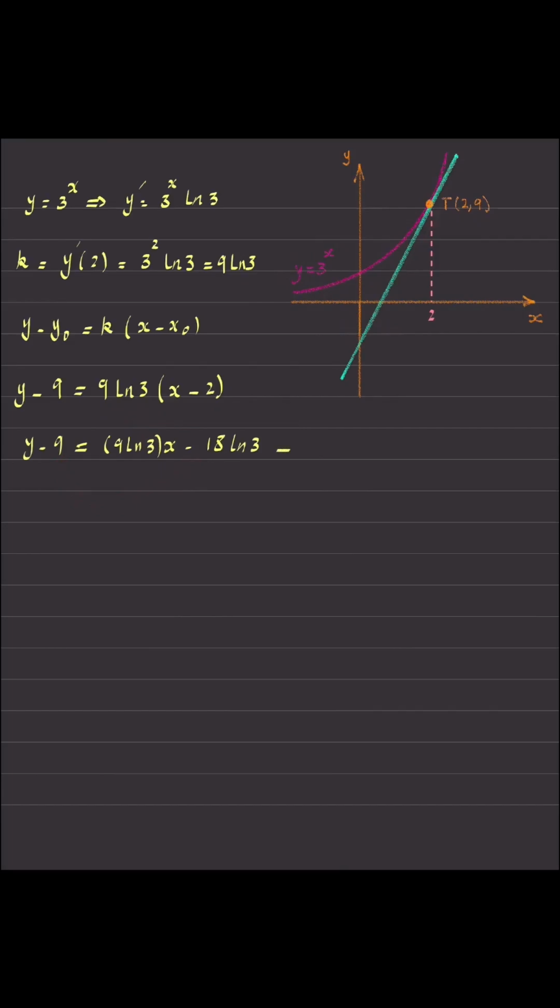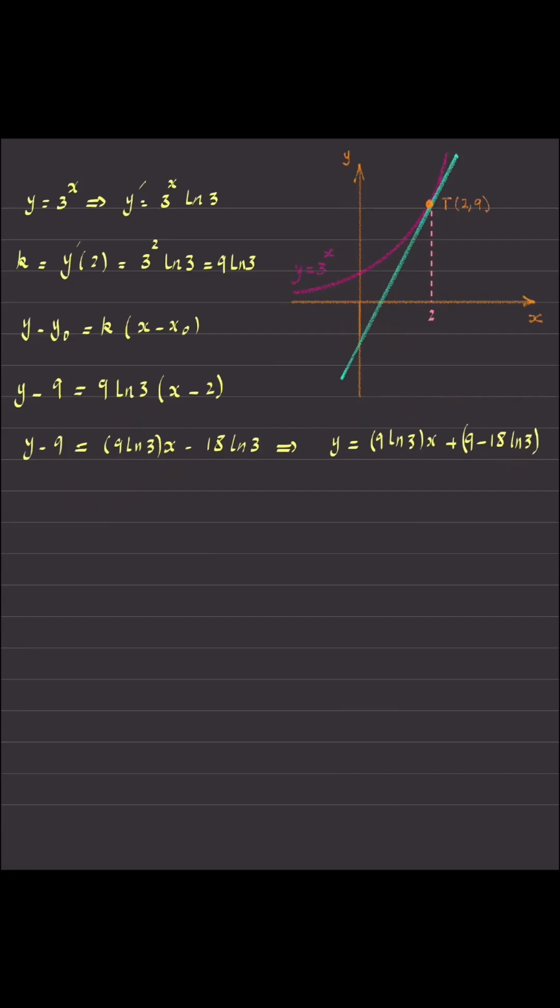This gives me that y equals 9 ln of 3 times x plus 9 minus 18 ln of 3. Okay, so now you know this is the m value. If you compare it with the standard line equation kx plus m, this is the k value and this is the m value. And of course you can immediately see this m value is negative.